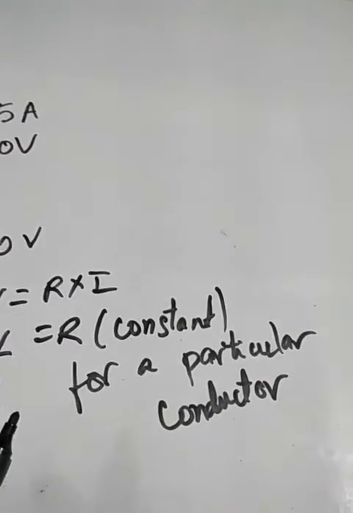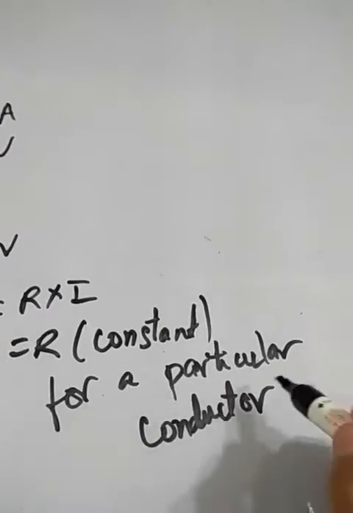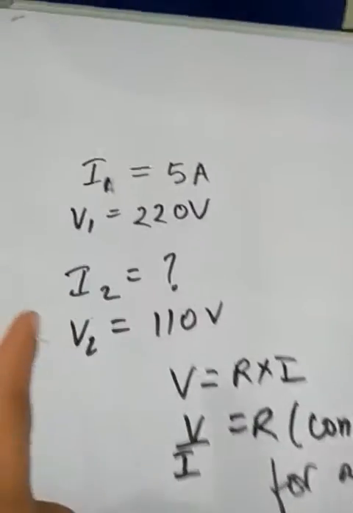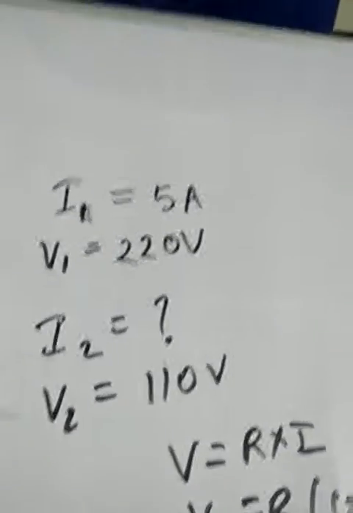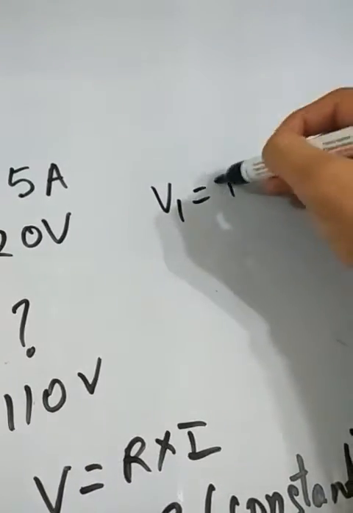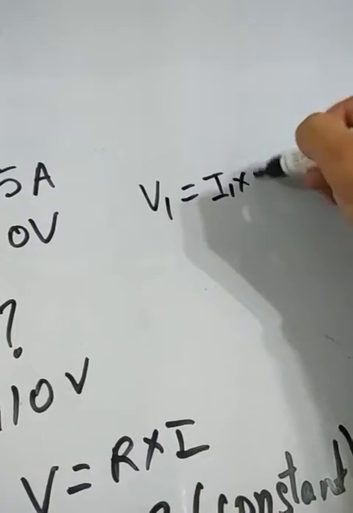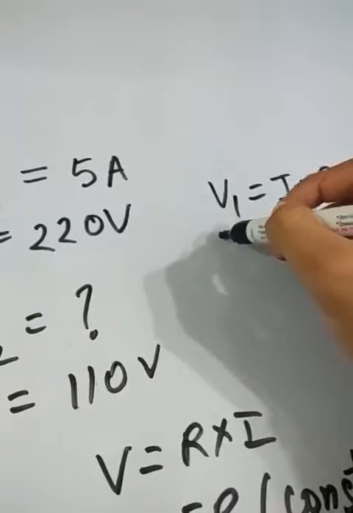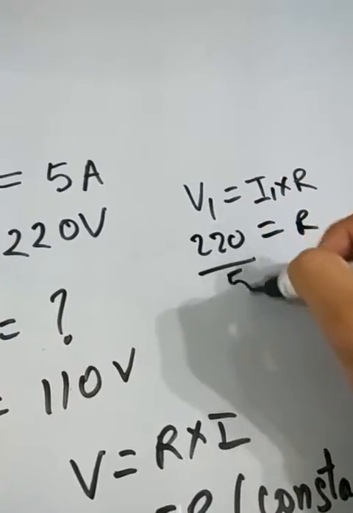We use the fact that for a particular conductor, R is going to be constant no matter what the values of these things are. So from here, V1 equals I1 into R, no need for any other. R equals 220 by 5.